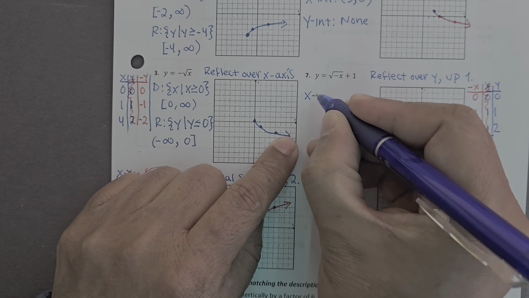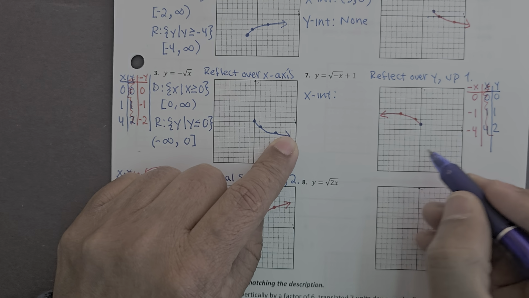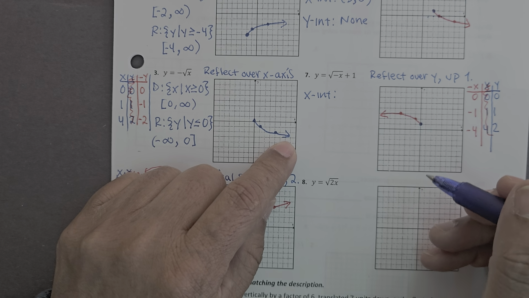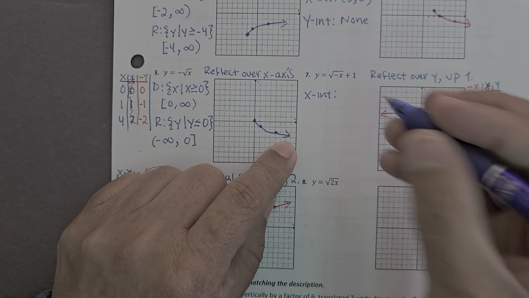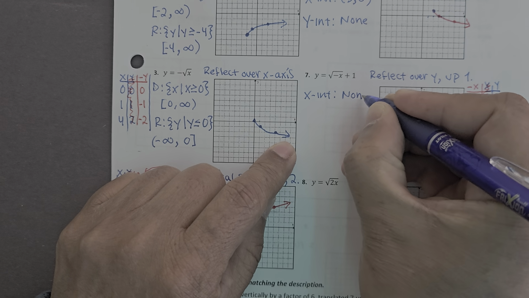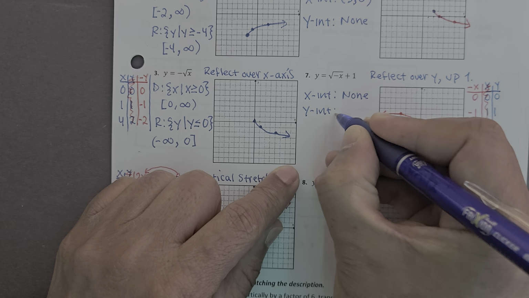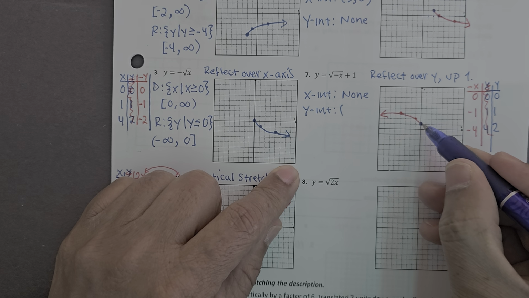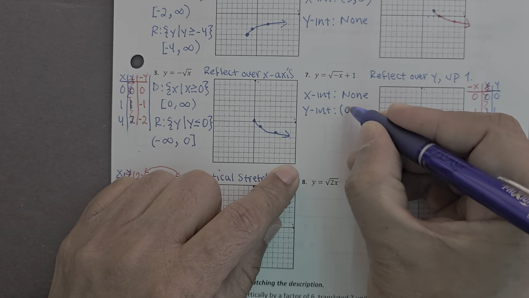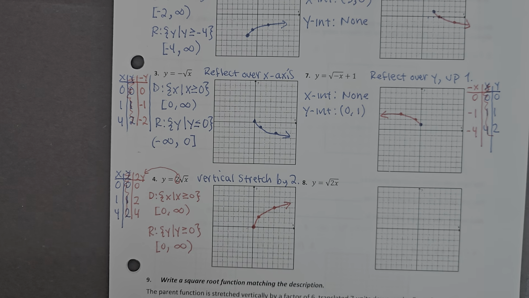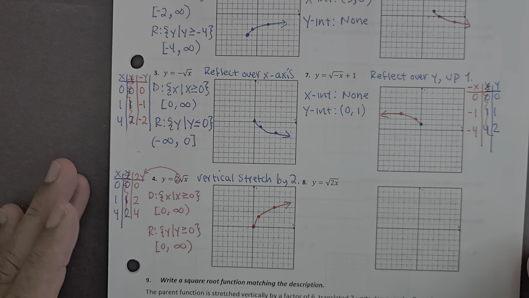So x-intercept for this one here, does it cross the x-axis? No, so that means none. There is no intersection of the x-axis. Y-intercept, is there one? Yeah, right there, where x is 0 and y is 1. (0, 1), and that happens to be also the origin of the graph.